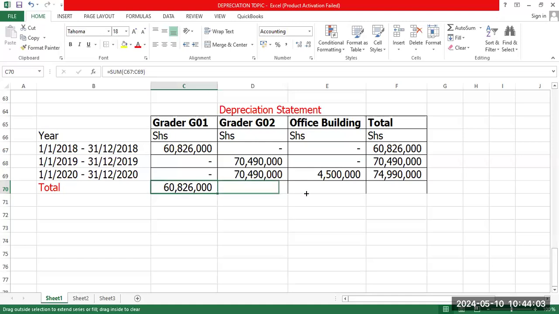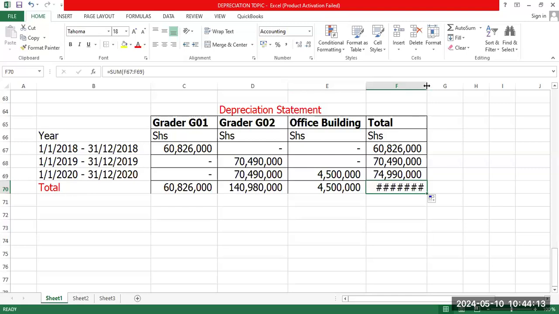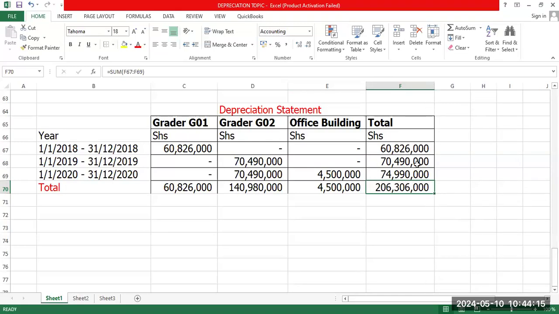So if you drag, actually if you get this plus this, you must get this, as you can see. Hey, you don't get the same. Where is the problem?